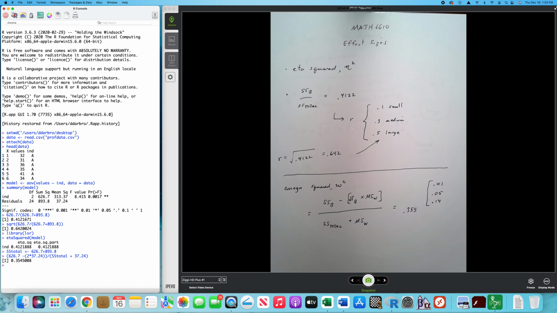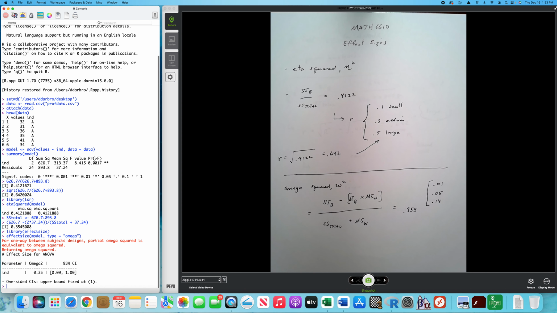Now, there's another package, let's access it, it's just called effect size. Kind of convenient, right? And we can run effect size for our model, and we can do type equal to omega.